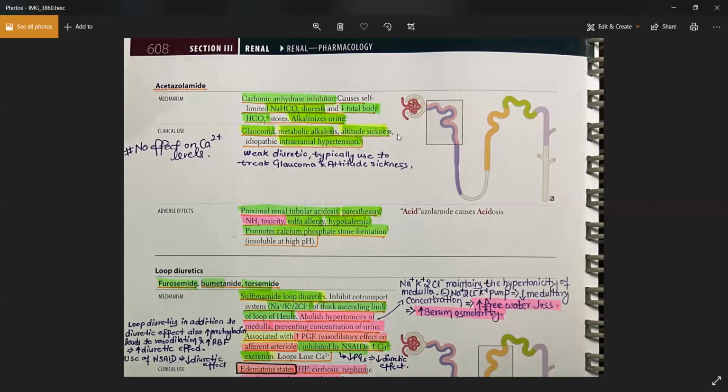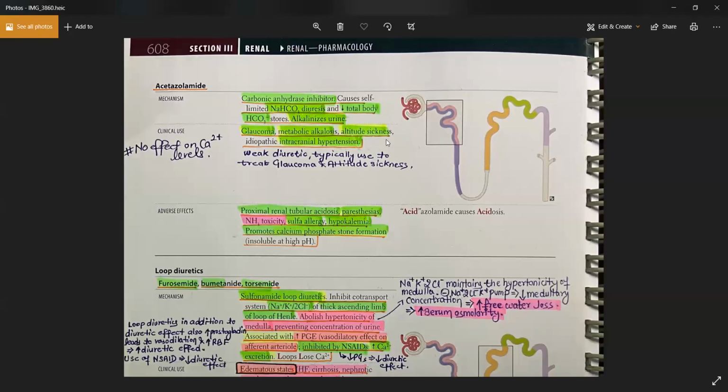For altitude sickness, because whenever you go high above the altitude, you need the metabolic acidosis. Because you're hyperventilating, you need the metabolic acidosis for the compensation. So this could be achieved by giving the patient acetazolamide, and that's why I give this drug to the altitude sickness patient. It could be used for idiopathic intracranial hypertension again.